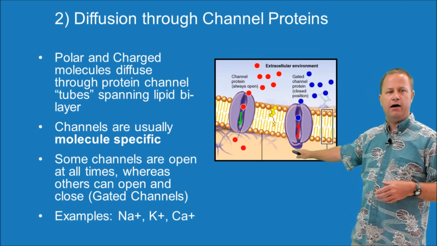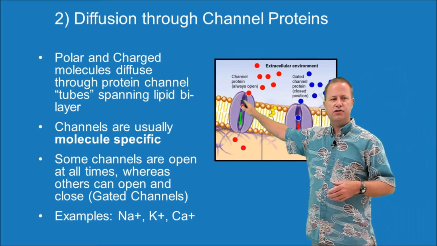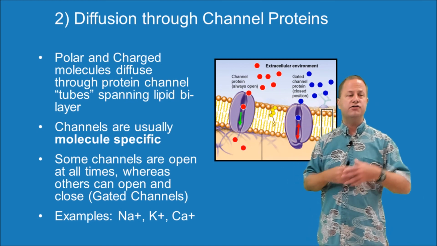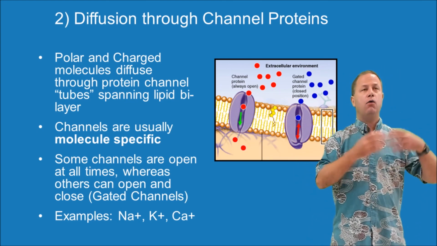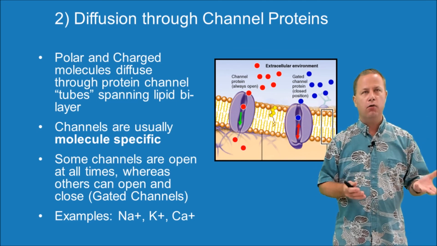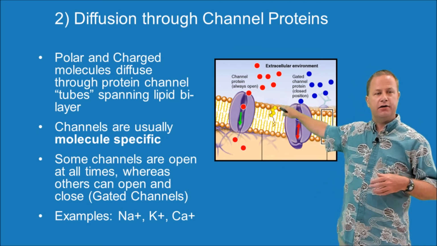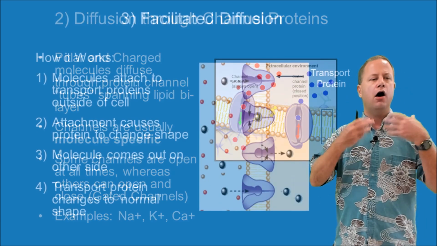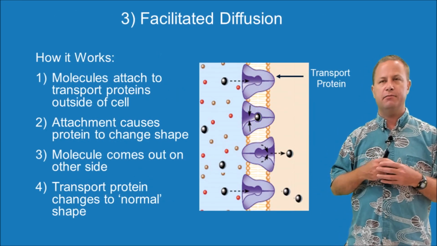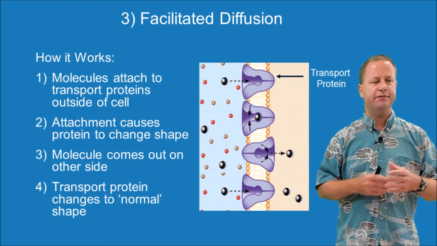So we might have one channel that allows potassium, one channel that allows sodium, one channel that allows chloride, etc. We even have special channels that allow water to pass, and these are called aquaporins. And basically they're inserted on the fly in the kidneys to allow water to move into or out of a tubule.